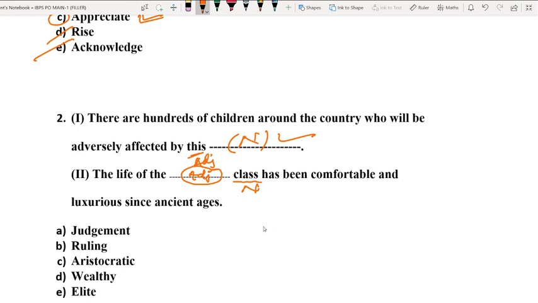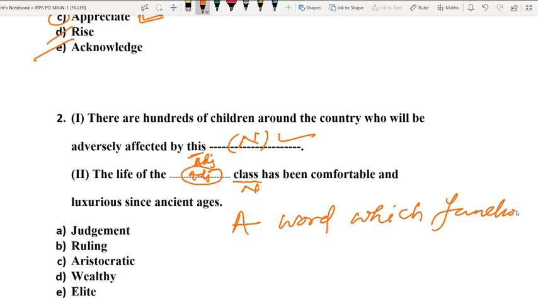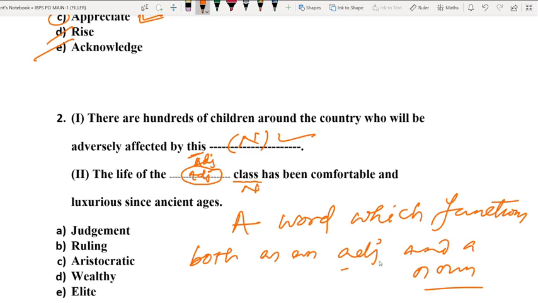Okay, so we need a word which functions both as an adjective and a noun. Is it clear now? So this is all about the parts of speech.